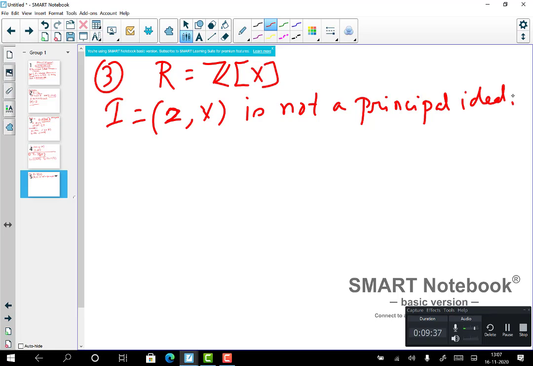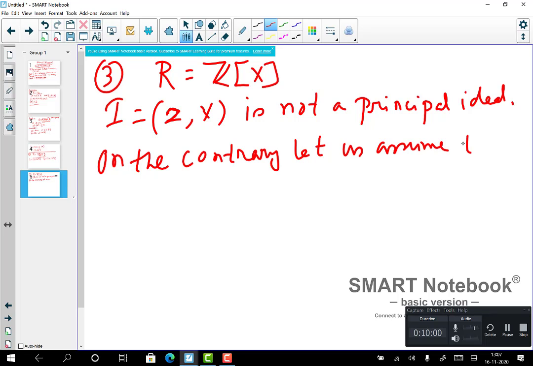For example, the ideal I generated by 2 and x is not a principal ideal. Now how do you prove this is not a principal ideal? The proof is simple. On the contrary, let us assume that I is generated by a single element, some f(x).